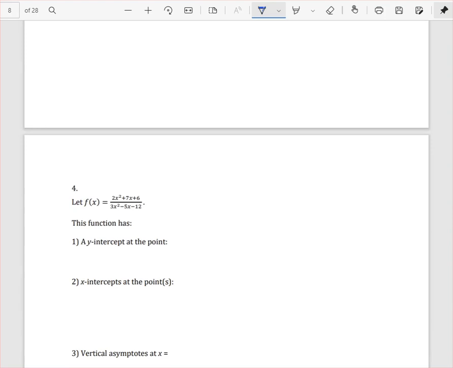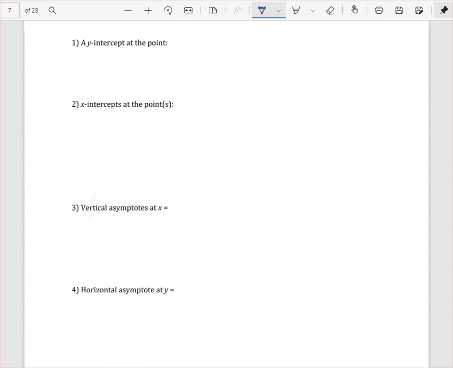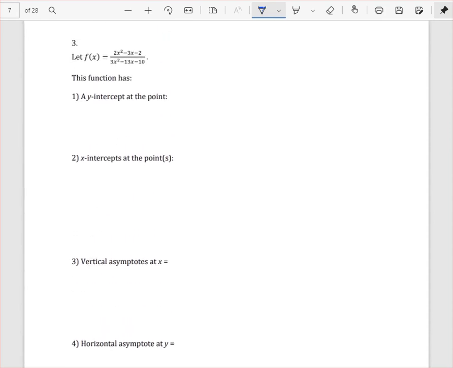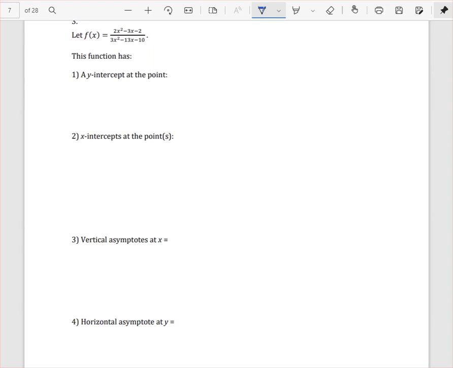I do welcome you to do them and then check the answers with the actual notes that I posted. But I'm going to do one more with you so that you can see how I'm getting all the answers, and then we'll move on. But if you feel confident that you already know them, feel free to just fast forward and work on them on your own and then come back, or fast forward to the next thing.